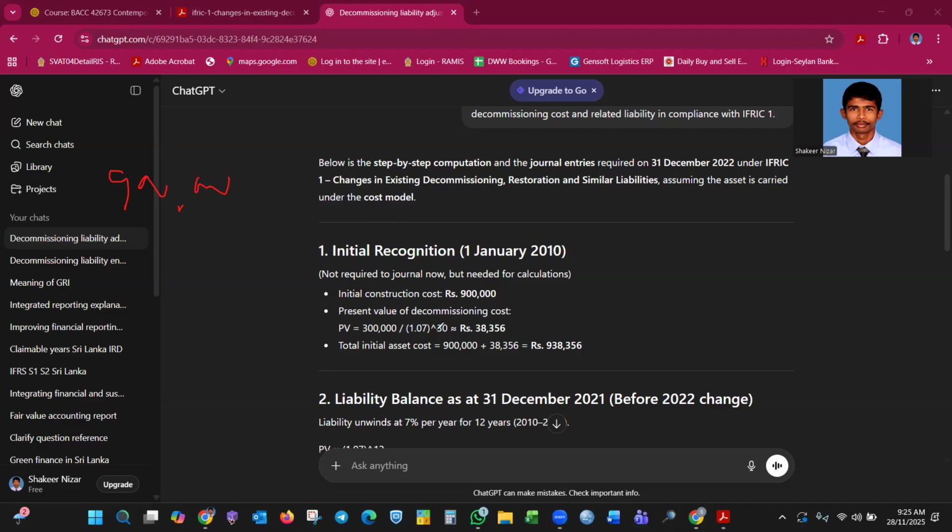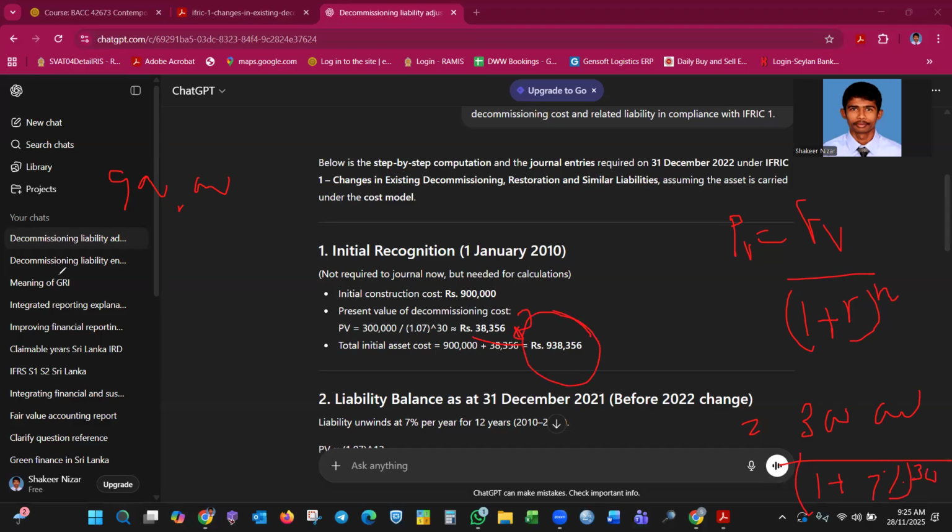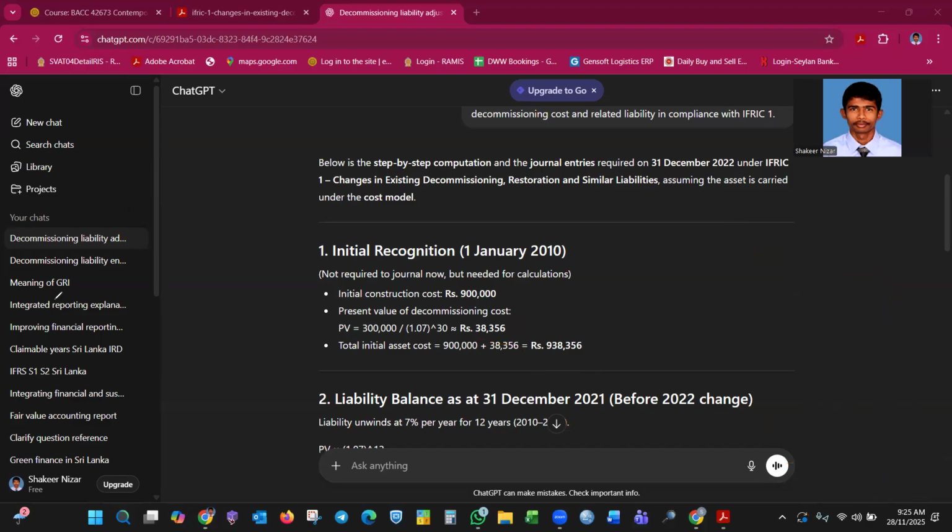For the decommissioning liability, that is present value equals future value divided by (1 plus R) to the power N. Therefore, you need to pay 300,000. The rate is 7%. You use a calculator for the 30th power. At the end of the 30th year, you are paying this much. Therefore, it is added as part of the cost of the asset. Therefore, this is the cost of the asset. Okay, I think that is clear for you.